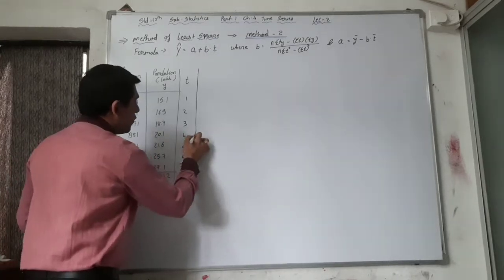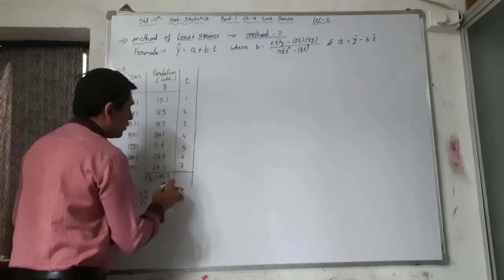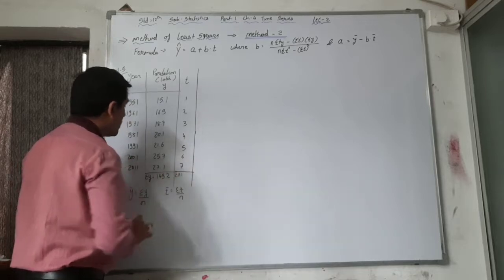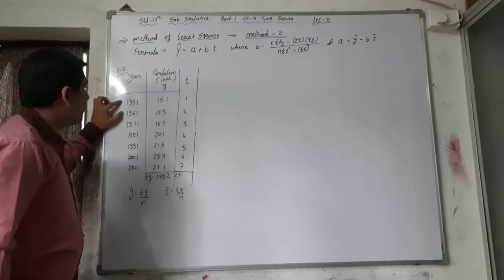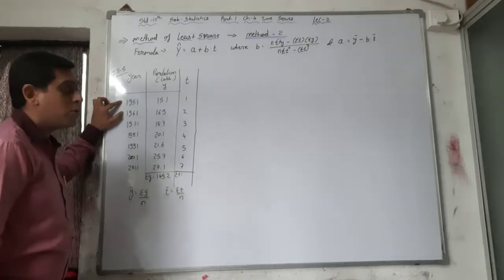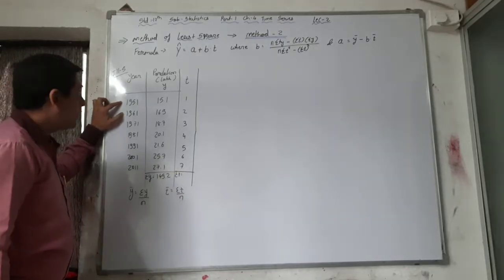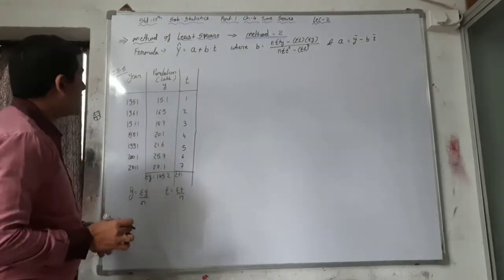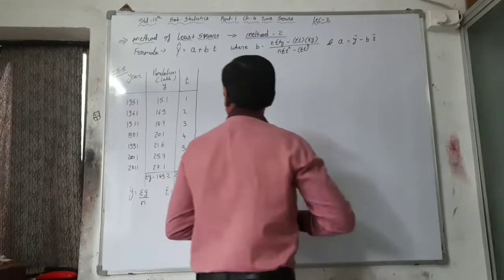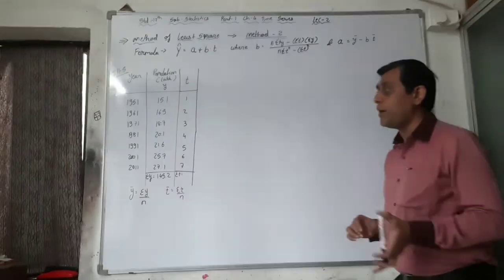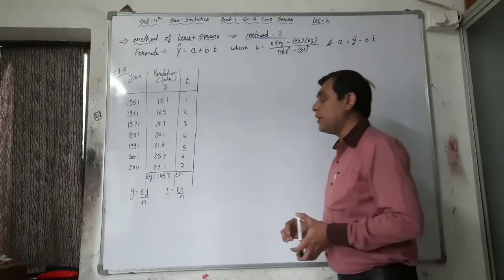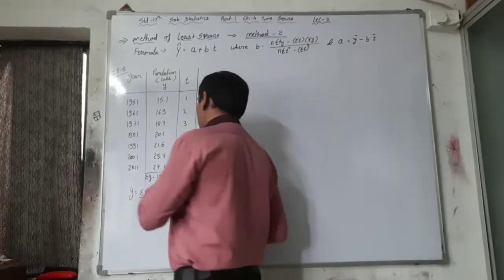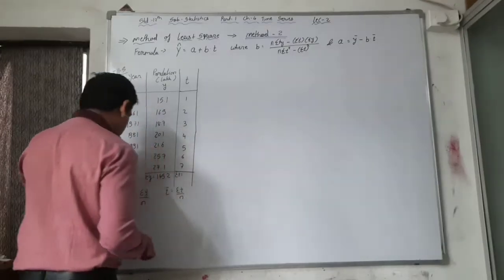So here we are taking t is equal to 1 to 7. Again, if the difference or interval between the 2 years is 10. Then y is given 15.1, 16.9, 18.7, 20.1, 21.6, 25.7 and 27.1.